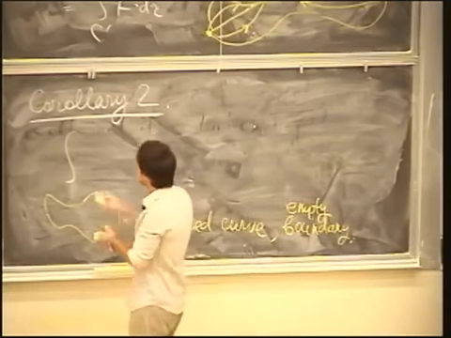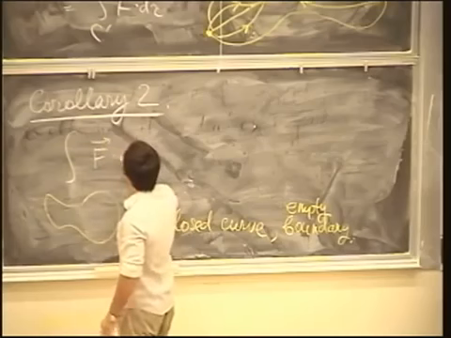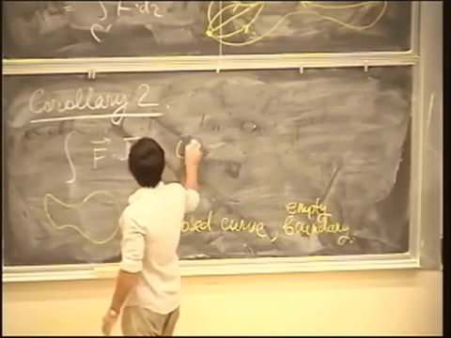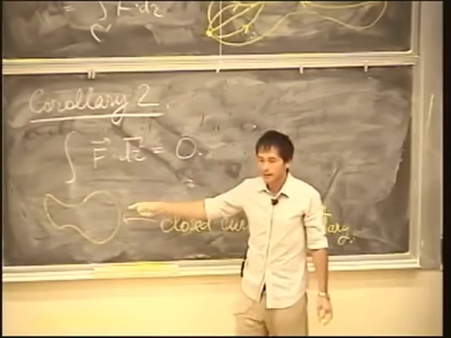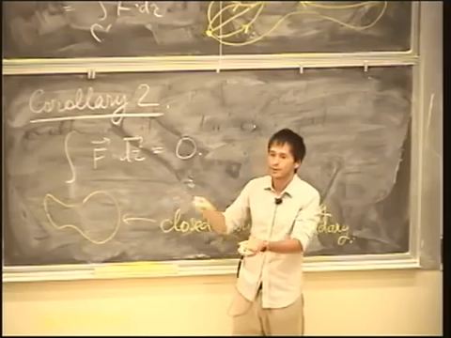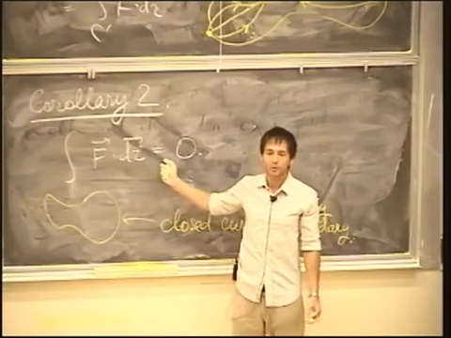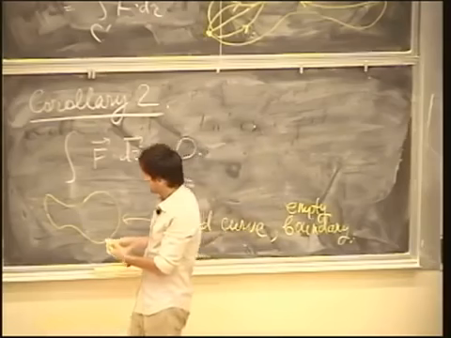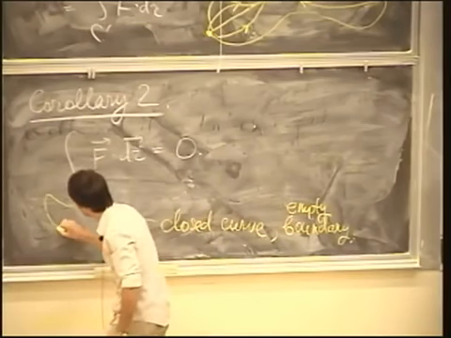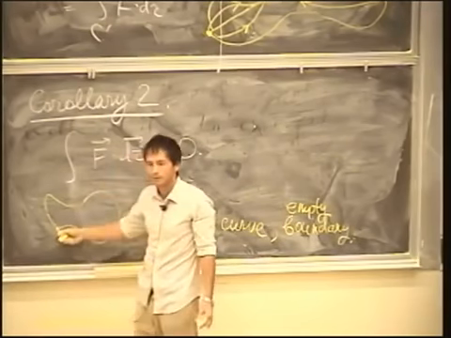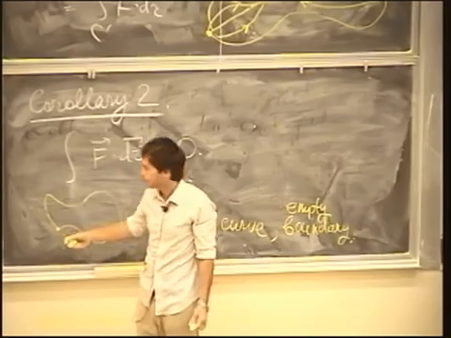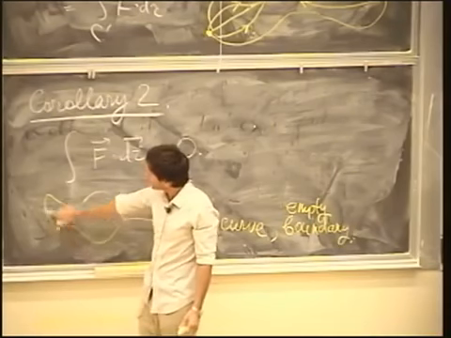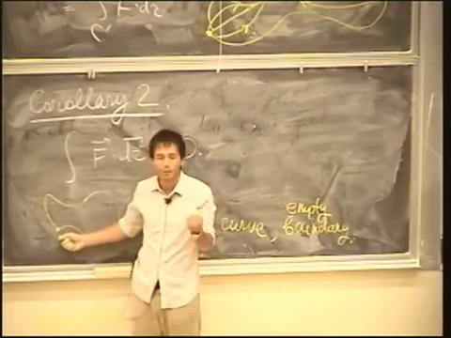Okay, so if you integrate over this, you will always get 0. So in this case, you don't even need to choose a simplest path. You just know that you get 0. How to see that? Well, let's pick a point here. You can think of this curve as a curve with a boundary.